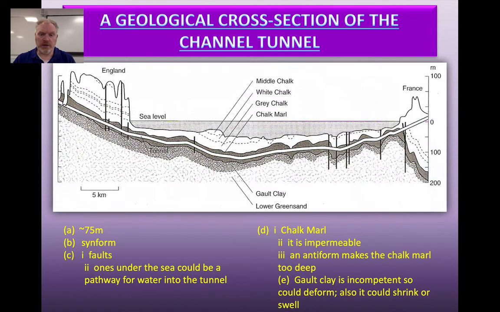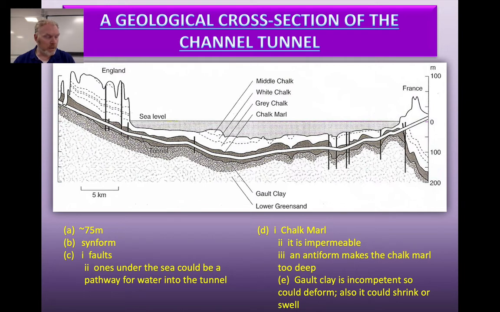Now, most of the way, the channel tunnel is cut through the chalk marl. Advantages of that are it's impermeable. It's clay, so that's going to minimize the amount of water getting in most places.